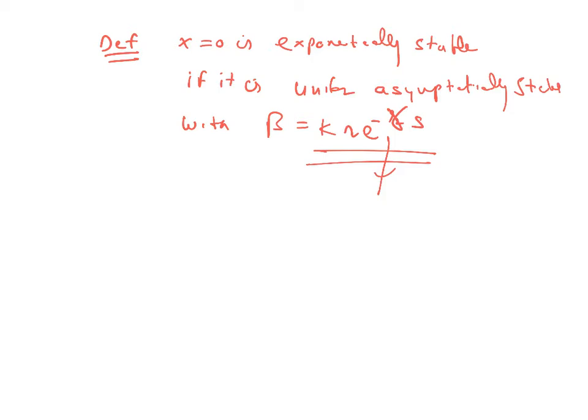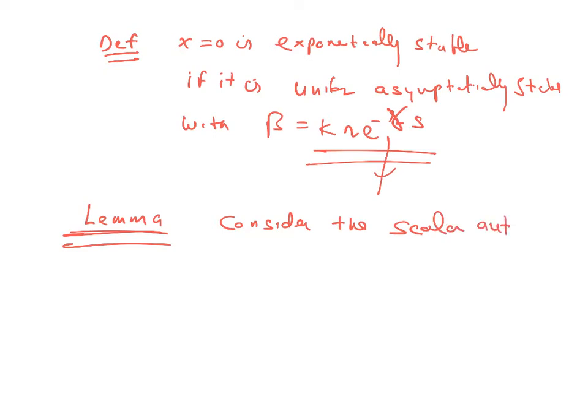A couple more minutes, right? So, a lemma. I don't remember which lemma this is, but I will state it. Consider the scalar autonomous ODE y dot equals minus alpha of y.